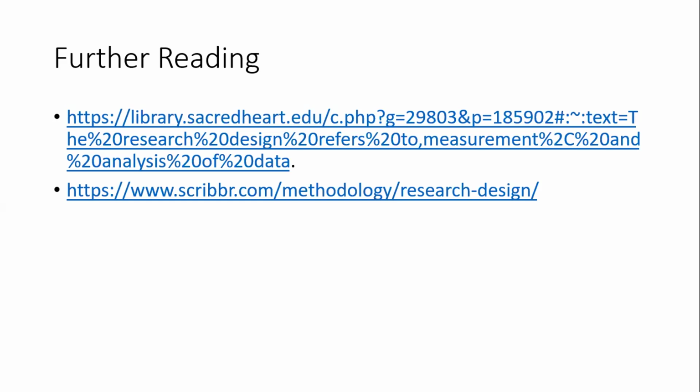And remember one thing: don't confuse yourself with different readings, because each writer, depending on their background, may have different categorization and different ways of classifying things in research methodologies. But for you at this level, I try to simplify it as much as possible to serve your purpose at this stage of your research career.